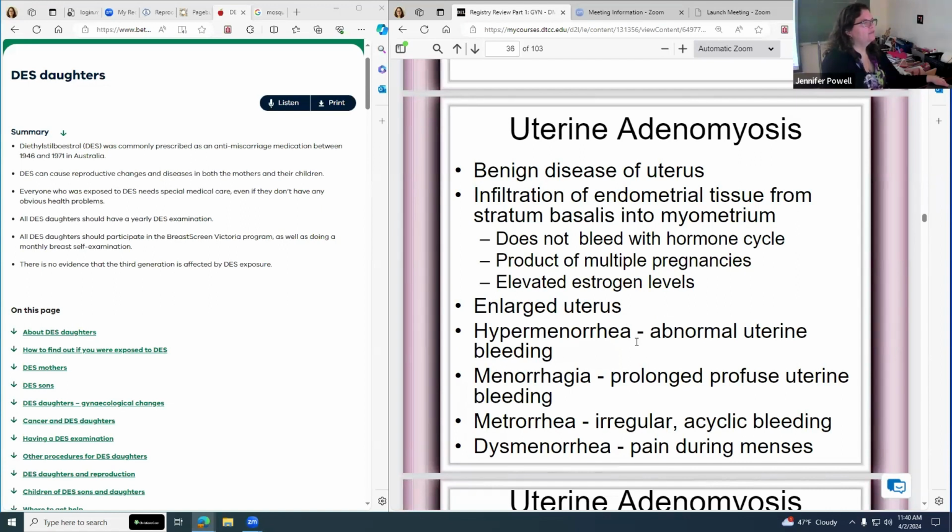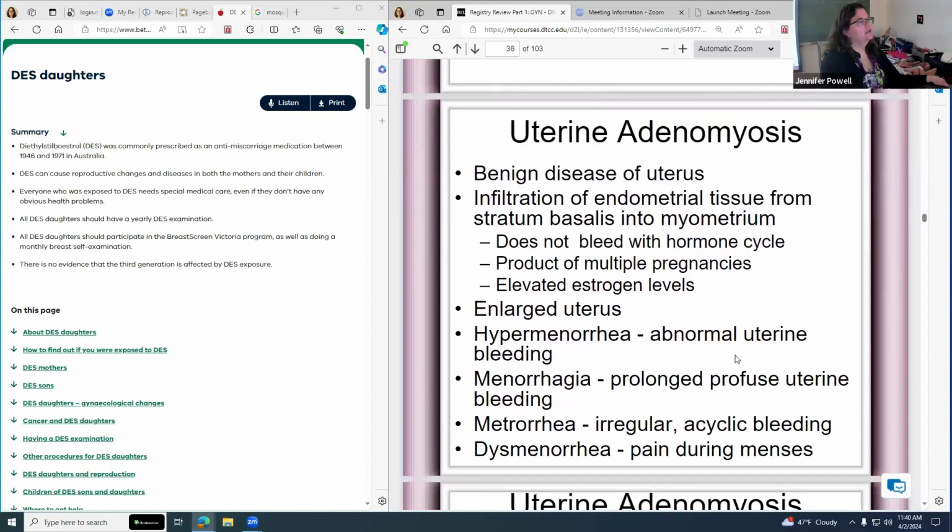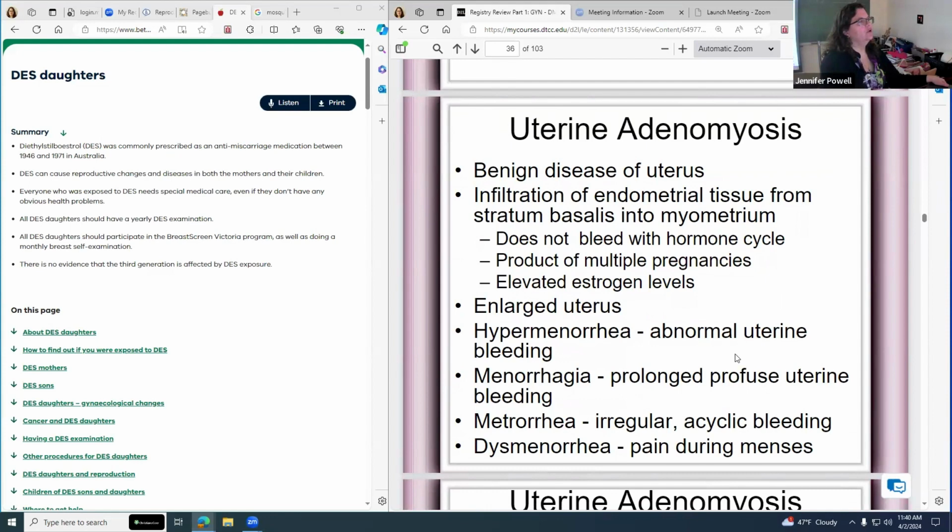You can have heavy bleeding, prolonged bleeding, irregular cyclic bleeding, and painful periods. The look of it on ultrasound, it has these vertical shadowing lines. Sometimes there are little cystic pockets all within the myometrium.